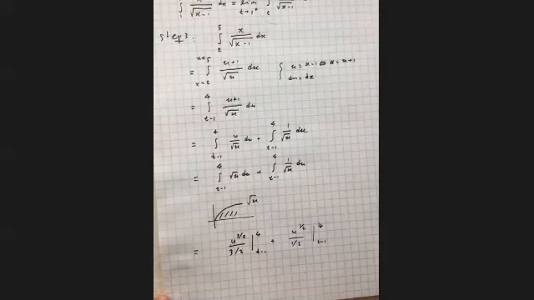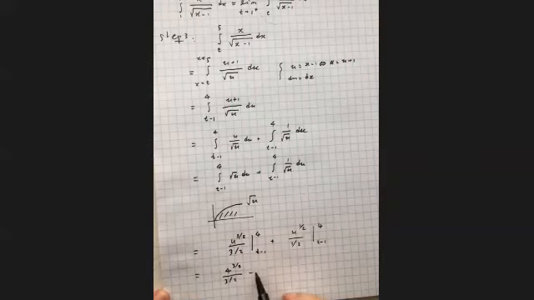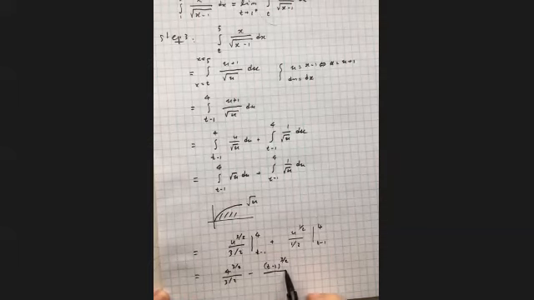Okay. So let me proceed. This one equals something like 4 to the 3/2 over 3/2 minus (t minus 1) to the 3/2 over 3/2, plus 4 to the 1/2 over 1/2 minus (t minus 1) to the 1/2 over 1/2.